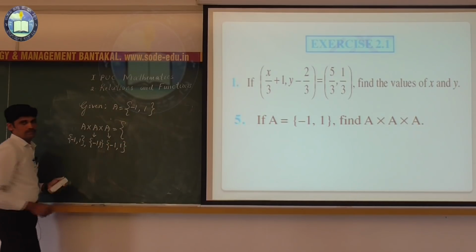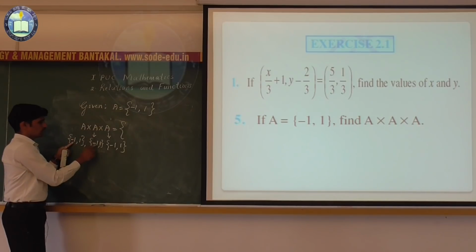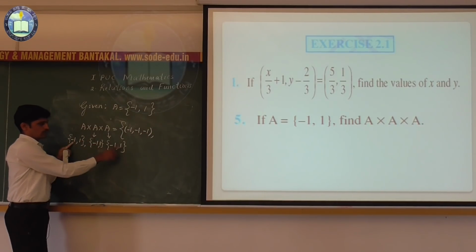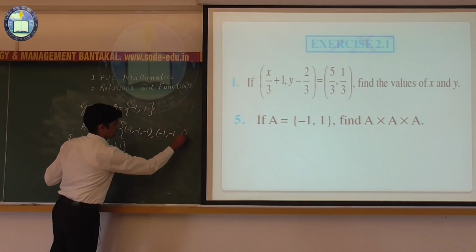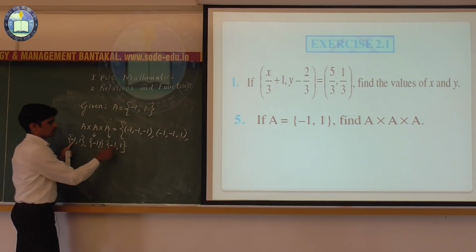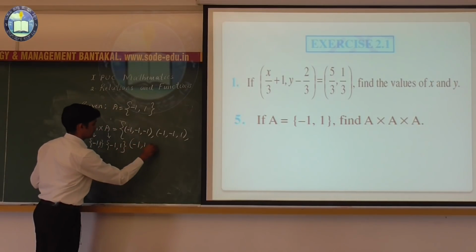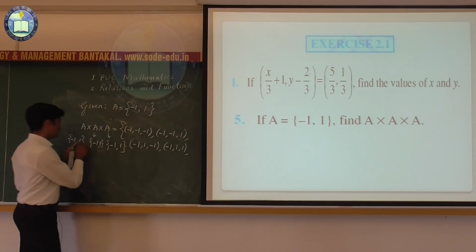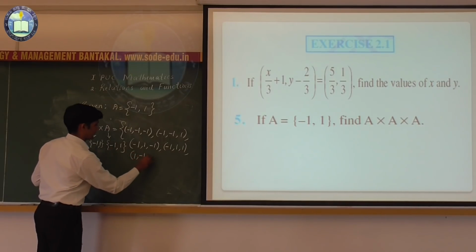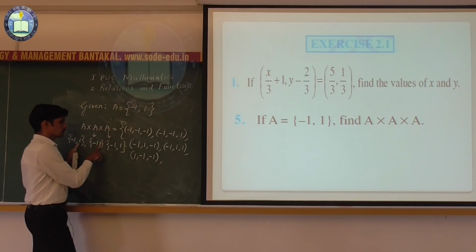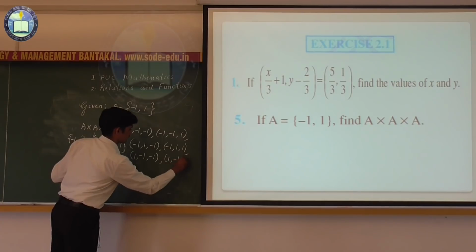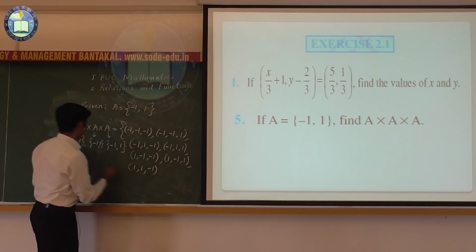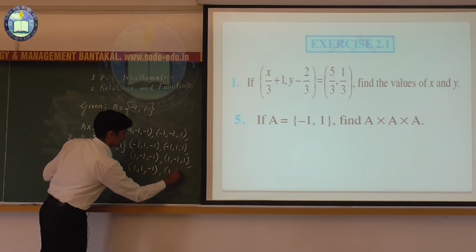Then the elements of A cross A cross A are: minus 1 comma minus 1 comma minus 1; minus 1 comma minus 1 comma 1; minus 1 comma 1 comma minus 1; minus 1 comma 1 comma 1; then 1 comma minus 1 comma minus 1; 1 comma minus 1 comma 1; then 1 comma 1 comma minus 1; then 1 comma 1 comma 1.